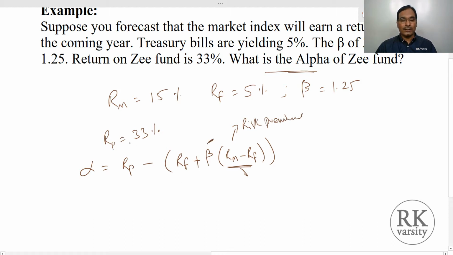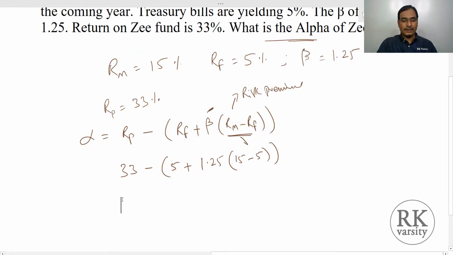So here our realized return is 33%, minus your risk-free rate of 5%, plus beta times, the beta of this stock is how much? 1.25, into the return on the market, that is 15%, minus your risk-free rate of 5%.